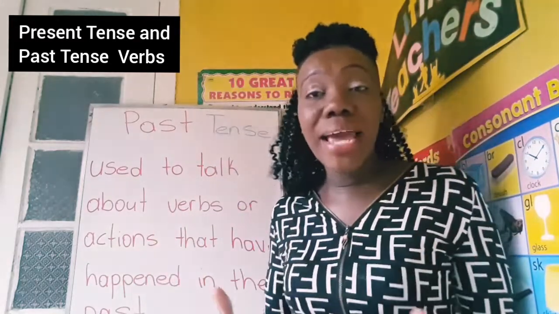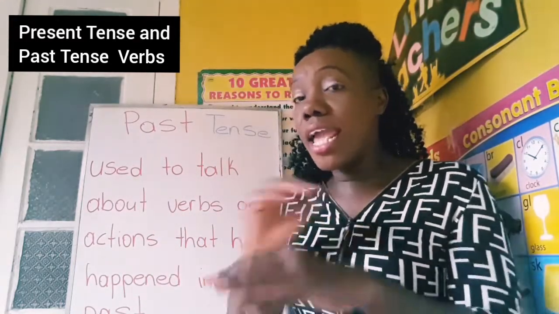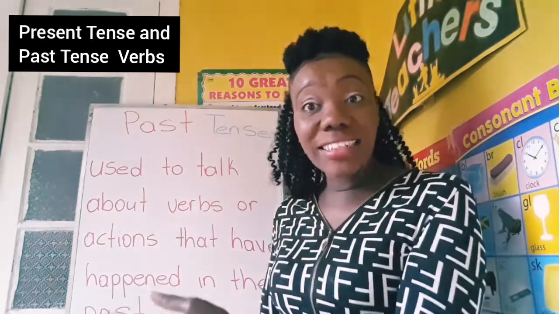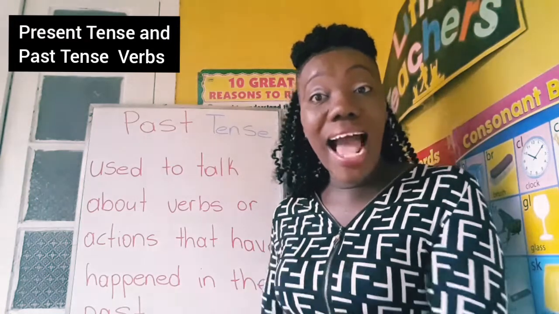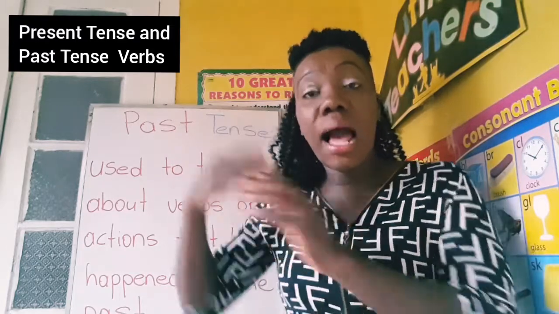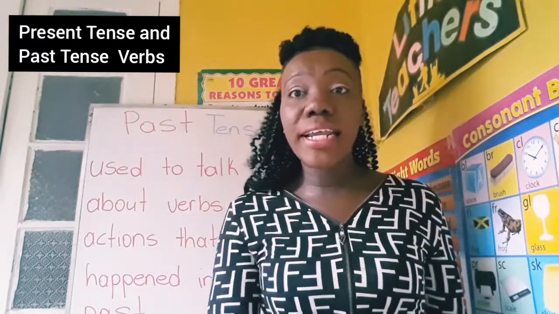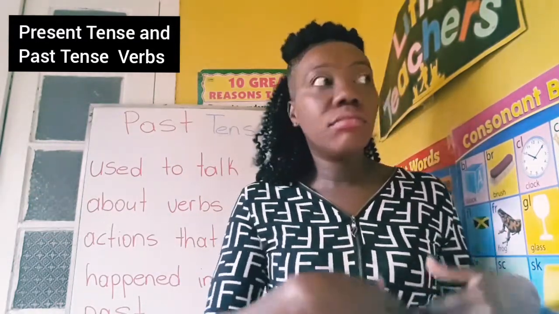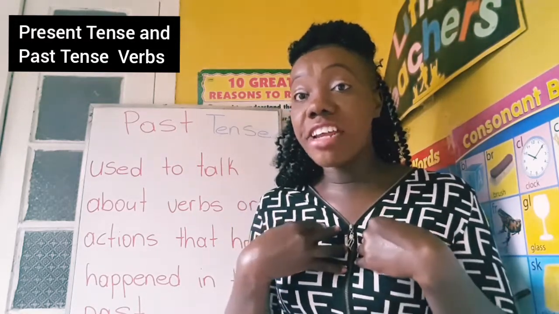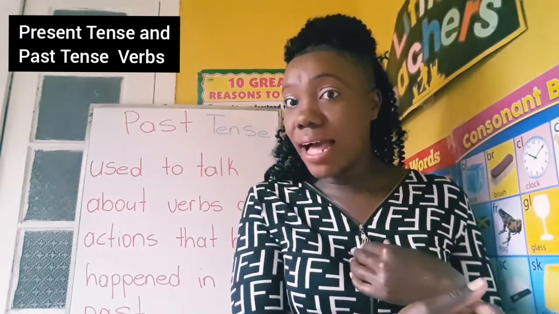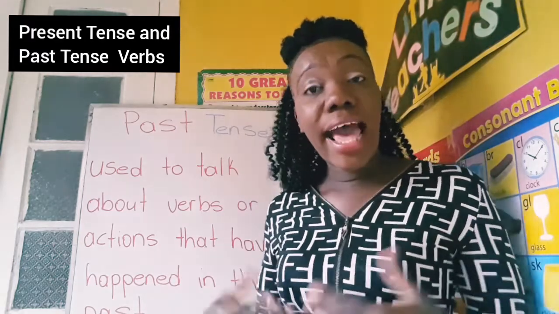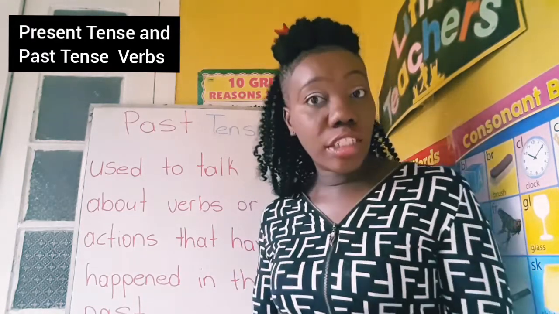Things that you have done in the past, like this morning, yesterday, last year, last week, last month, they are called past tense. It happened already. This morning, I ate eggs for breakfast. So this morning, Auntie Karine ate breakfast. Or yesterday, I talked to the children.